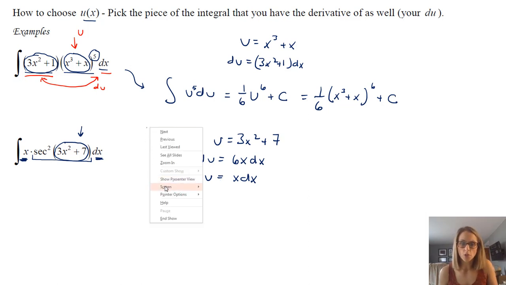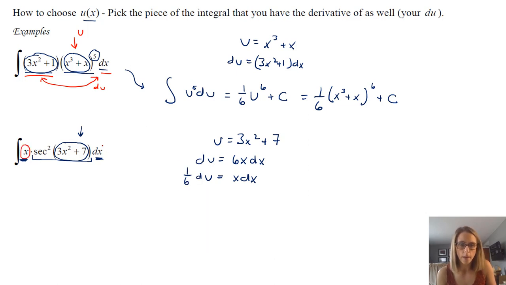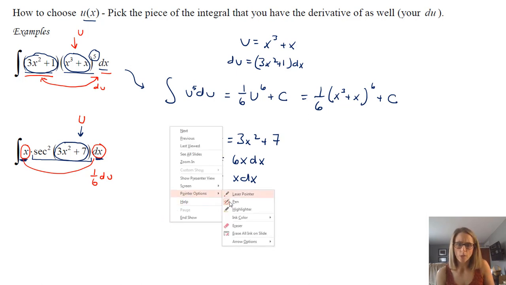So now if I change to my red, just as a reminder, I'm going to replace x and dx with a 1/6 du. And then I'm going to replace that 3x squared plus 7 with u. But notice I'm still going to have my secant squared. And don't be too worried about that. We know the antiderivative of secant squared.